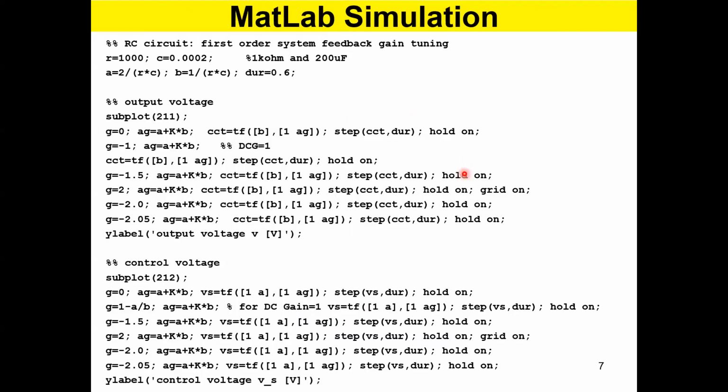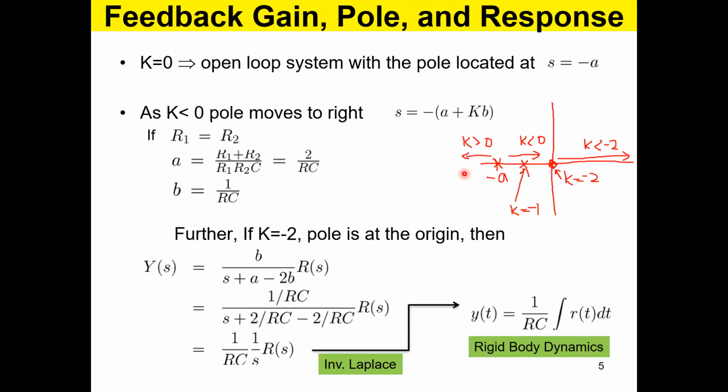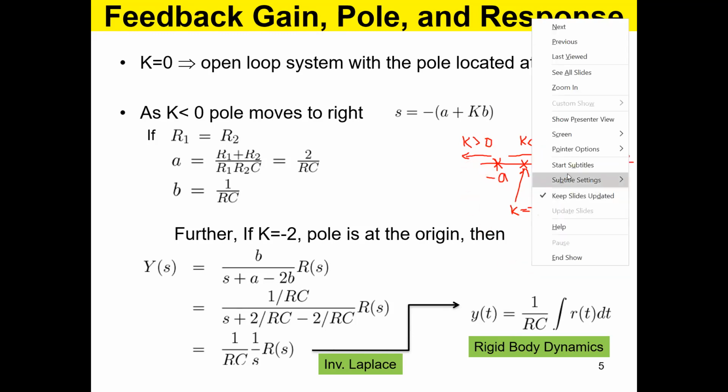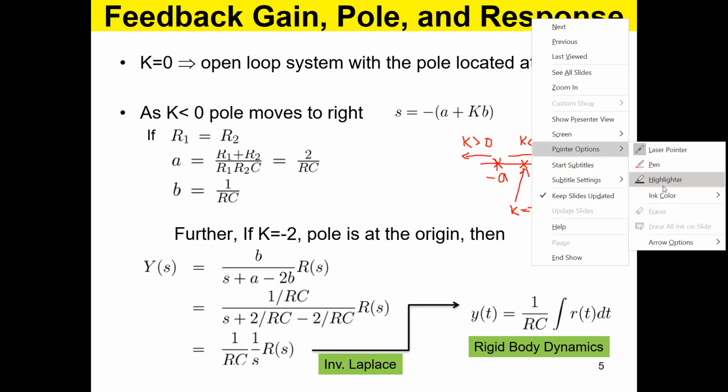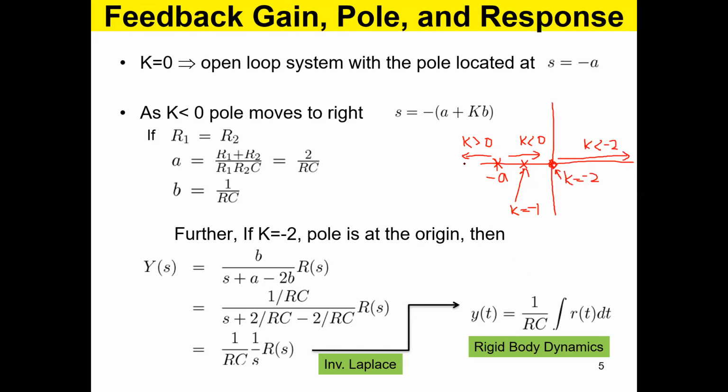So if we go back, K equals 2. This is K equals 0. This is when K is greater than 0. So maybe somewhere over here. What is it?